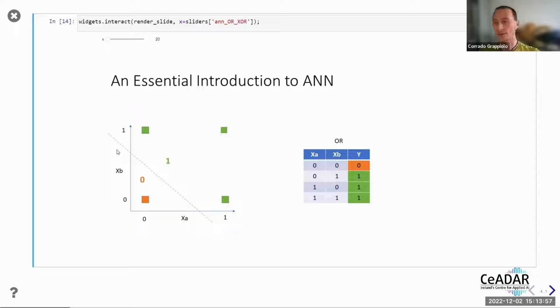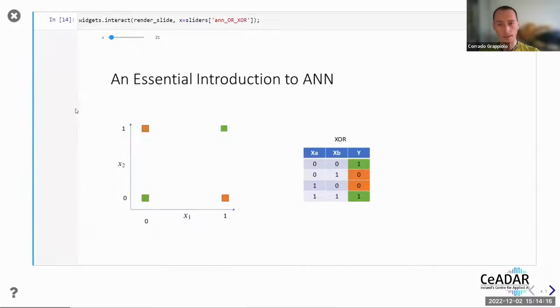We have a neural network that classifies, and we have a logical operator that we try to approximate. And with a single perceptron, we can identify this decision boundary for simple logical operations, such as OR, AND, NOT, and so on. Problems arise when we deal with more complicated functions, such as the exclusive OR.